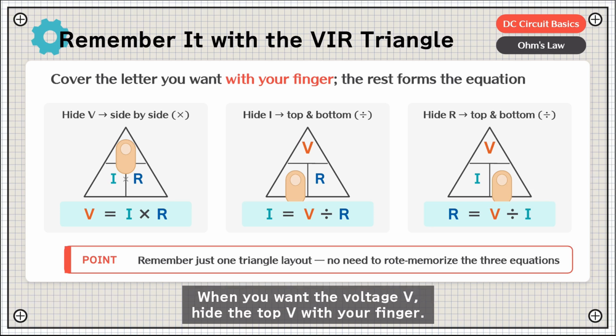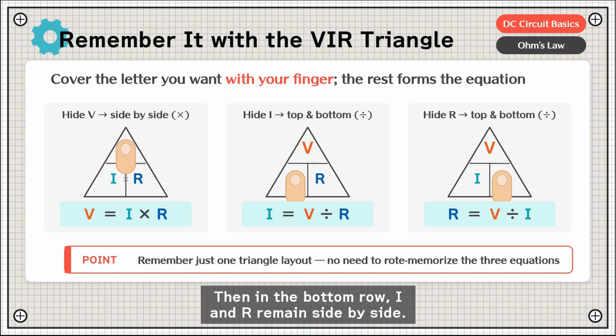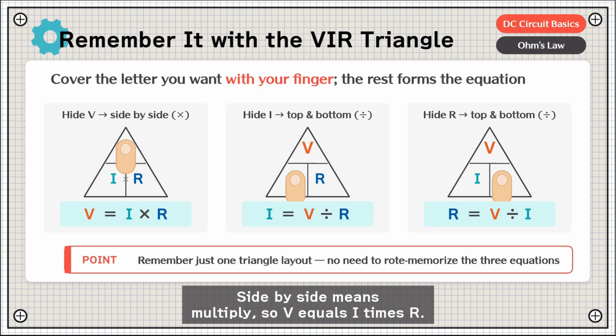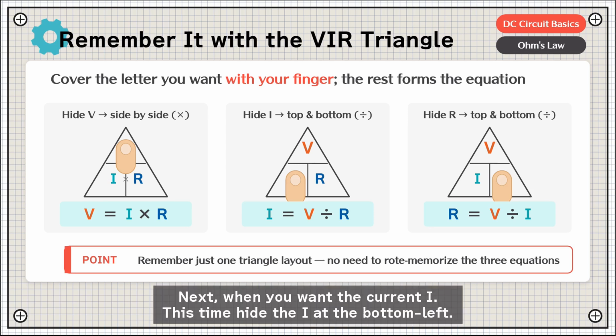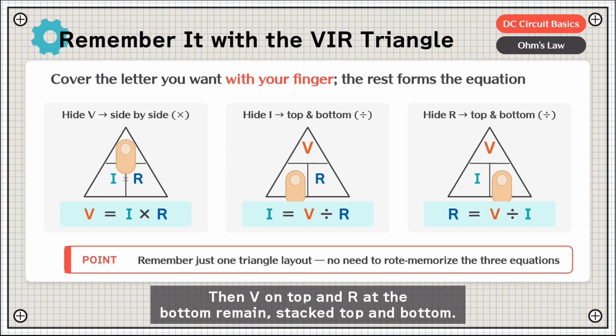When you want the voltage V, hide the top V with your finger. Then in the bottom row, I and R remain side by side. Side by side means multiply. So V equals I times R. Next, when you want the current I, this time hide the I at the bottom left. Then V on top and R at the bottom remain.